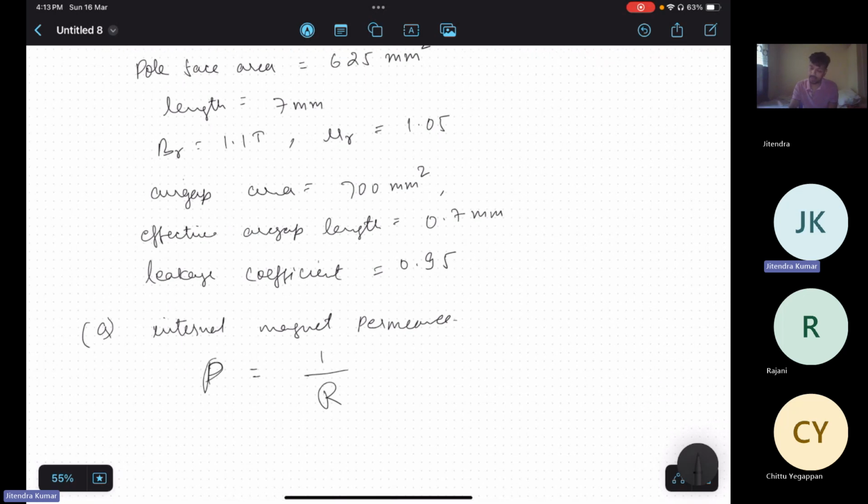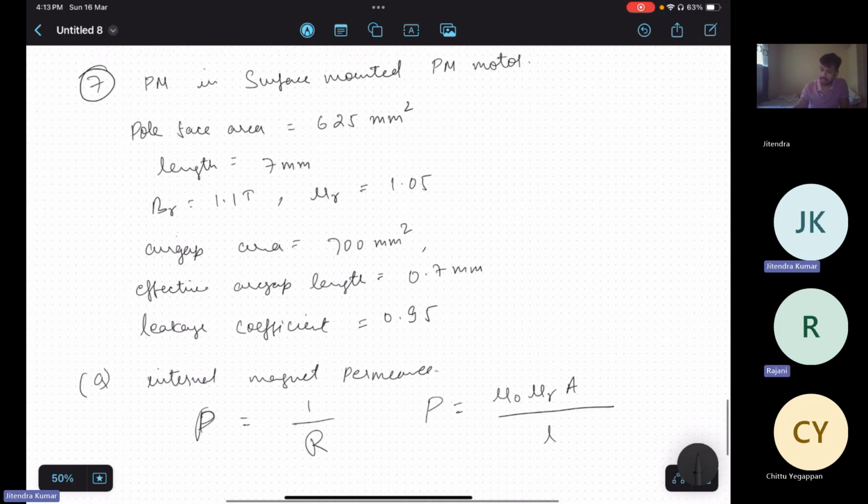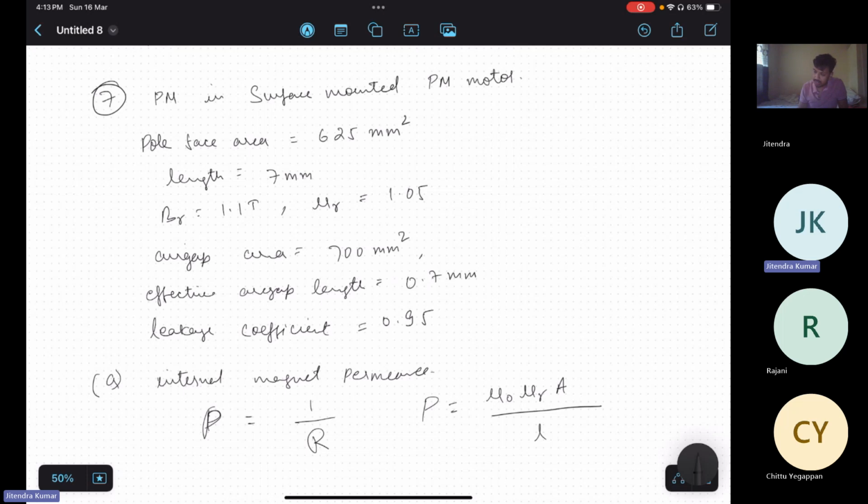Permeance is equal to mu naught mu r A divided by L. I think we are given all the data: the pole face area, and the length is also given.